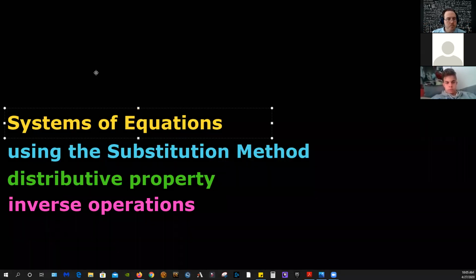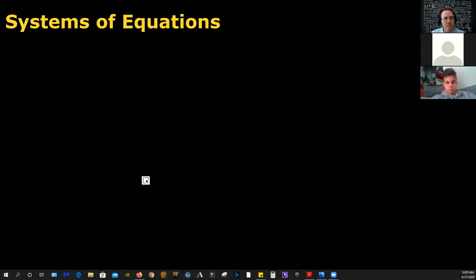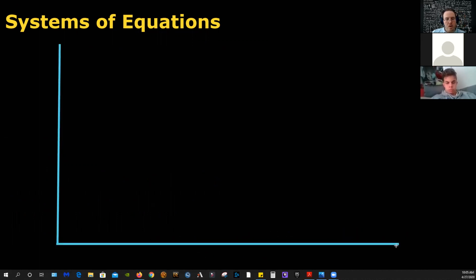So a system of equations is easy enough to understand. Make that straight as I can. Okay, so a system of equations is multiple lines in the same plane.